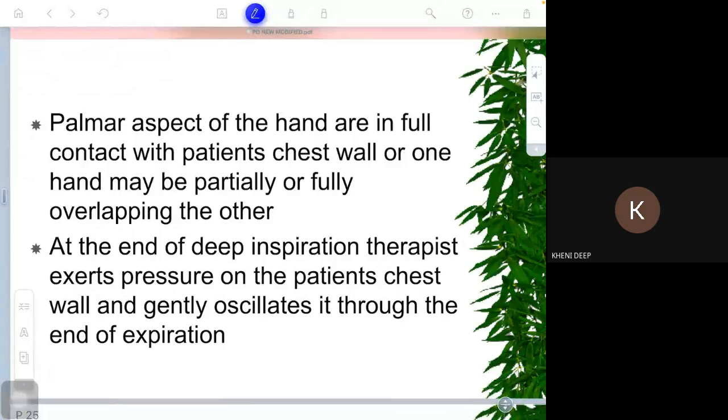Either you can do it with one single hand, or you can overlap both hands. Clear? Elbow should be in extended position when you are performing vibration. So now, how will you perform? This is the placement of the hand.